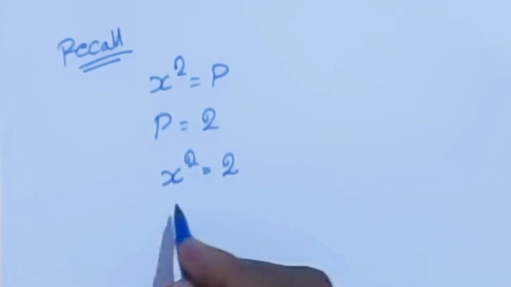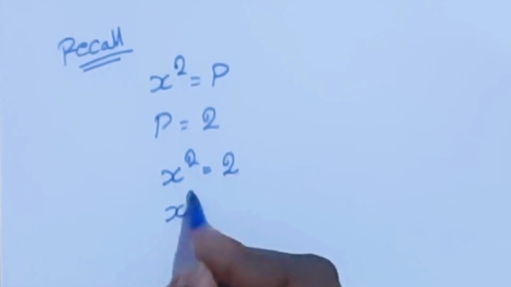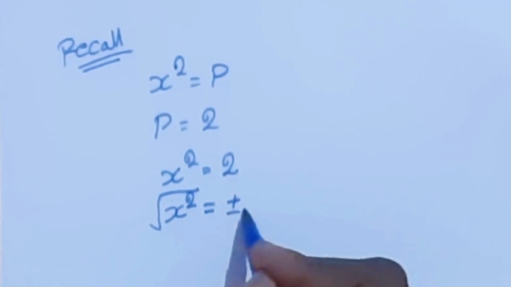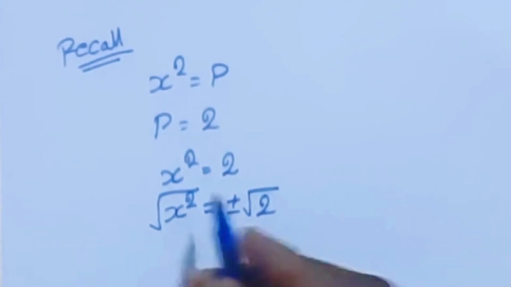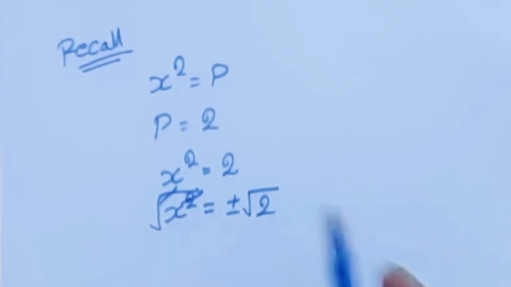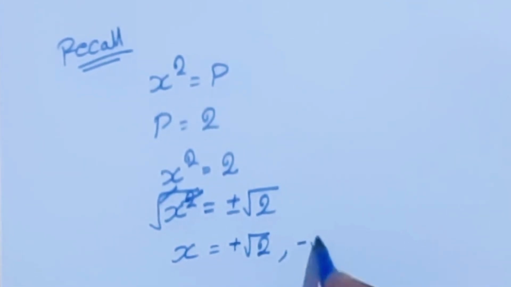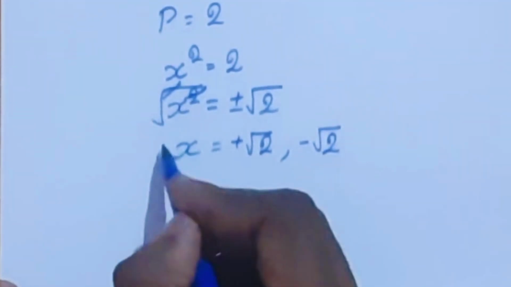Now, take a square root on both sides. So, plus or minus square root of 2. Now, this square and square root will cancel each other. Now, we have x equal to plus square root of 2, comma, minus square root of 2. This is the x value.